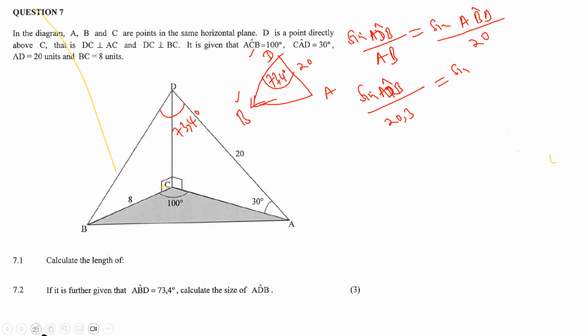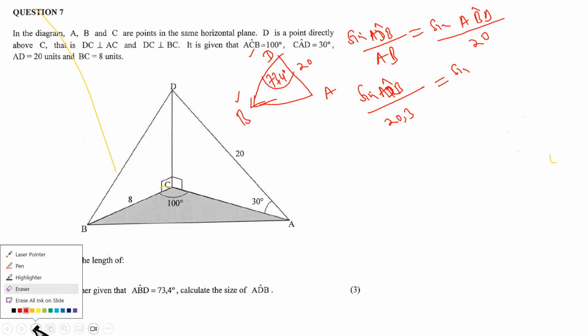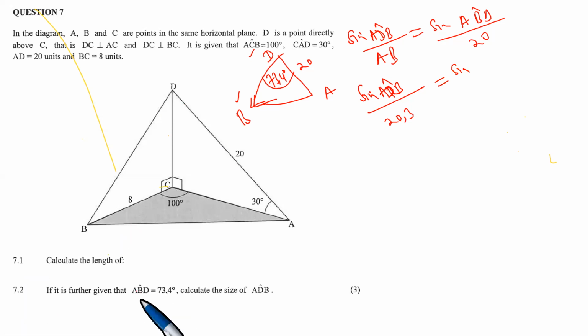Note here, this one is actually the size of ABD, so it is the angle B, that is 73,4 degrees. So here you have 73,4 degrees.